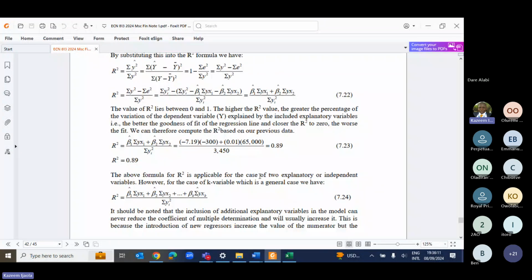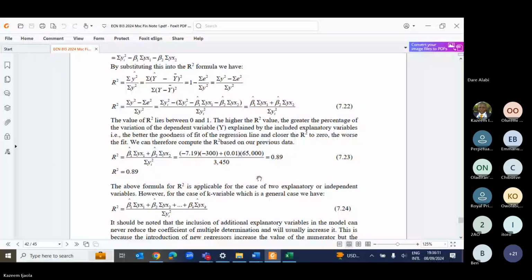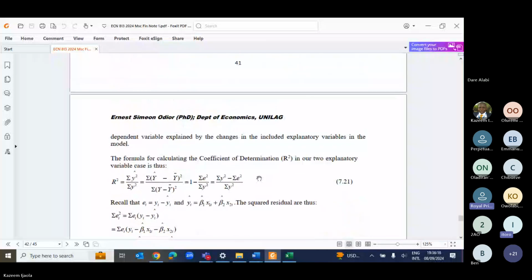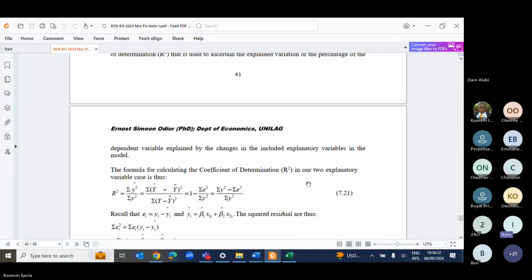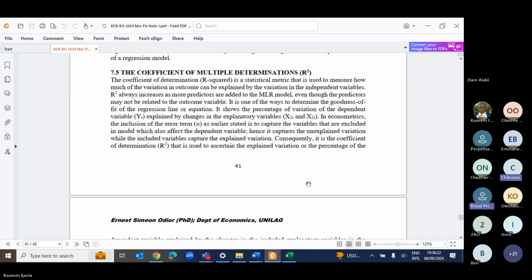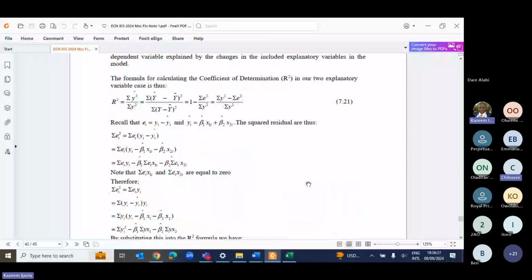So summation y square. Let's get that R square formula very well.